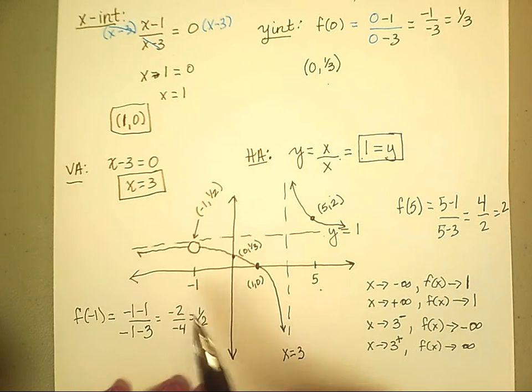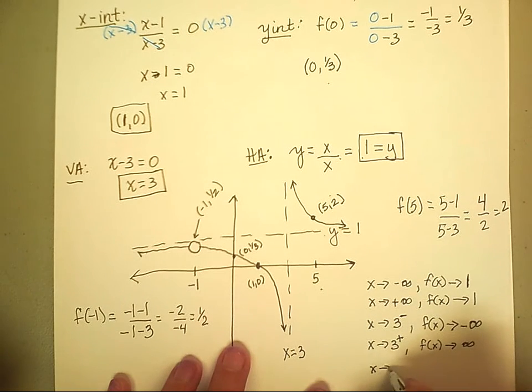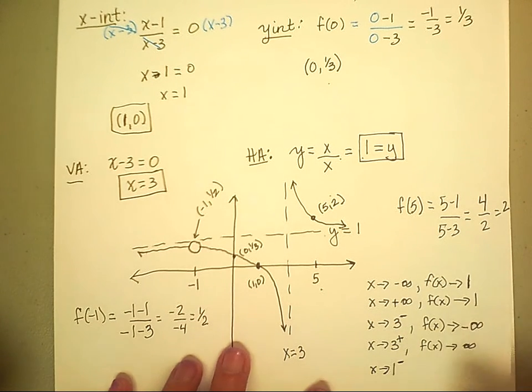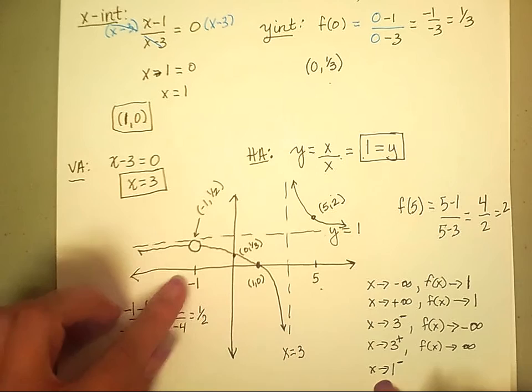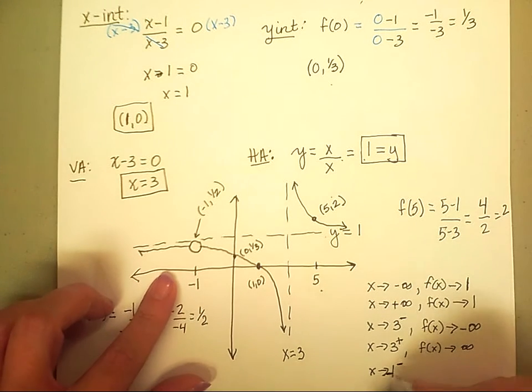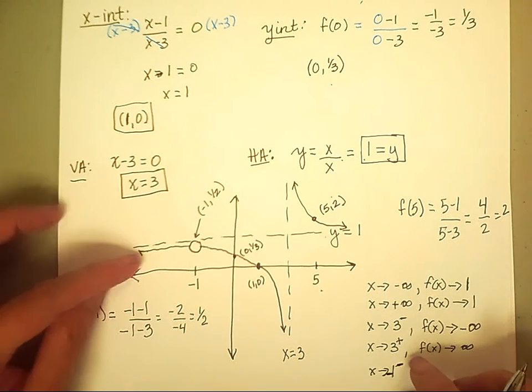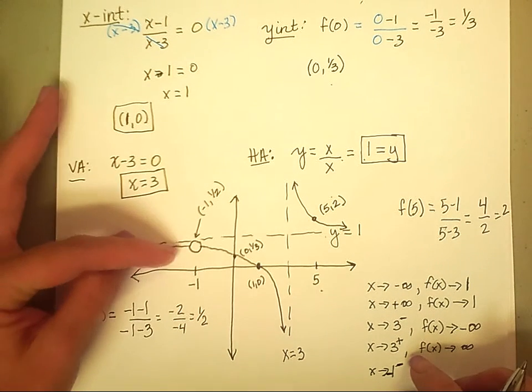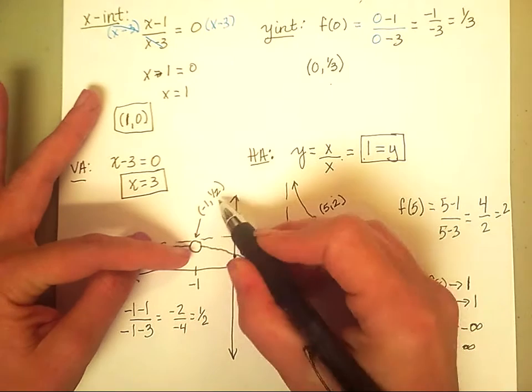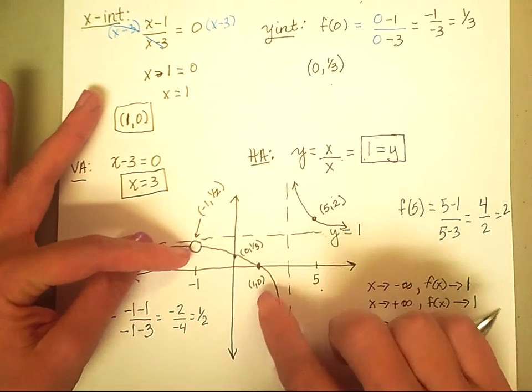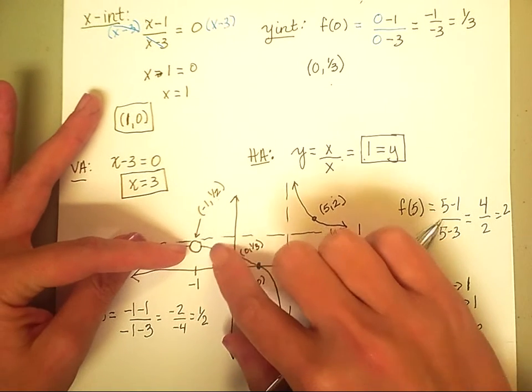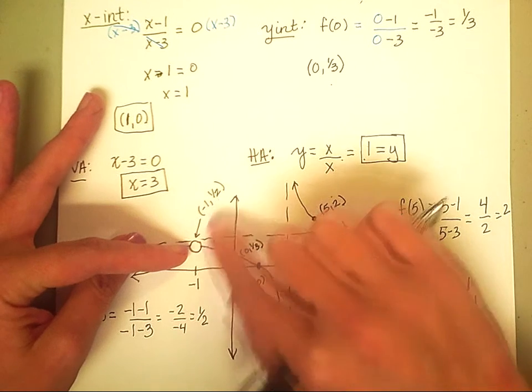But we can also ask about this other domain restriction here. What happens as x goes to negative 1 from the left? Okay. Well, as x is going to negative 1, we're getting closer and closer to this value 1/2. And the same thing's happening as x goes to negative 1 from the right.